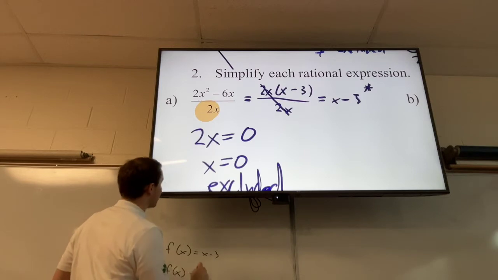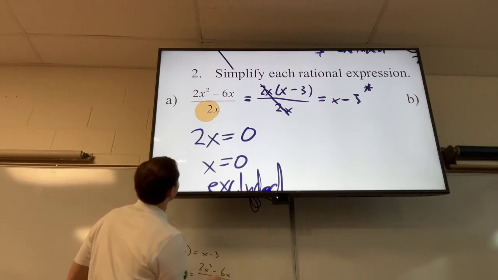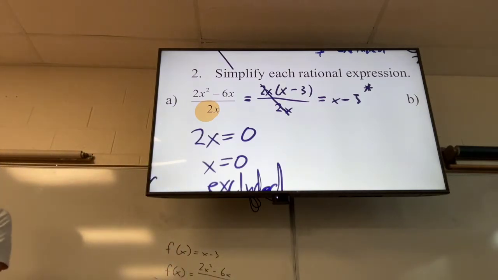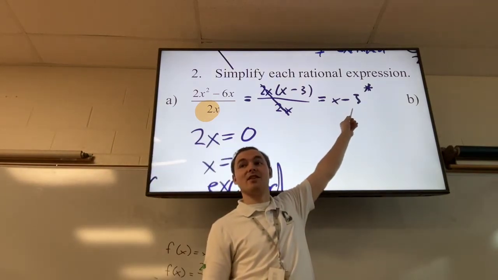So their graphs are going to look the exact same except for what? What are the excluded values of this top function? There are none.